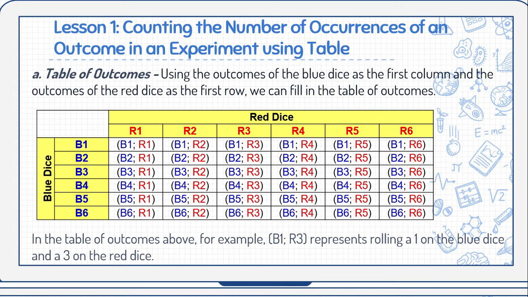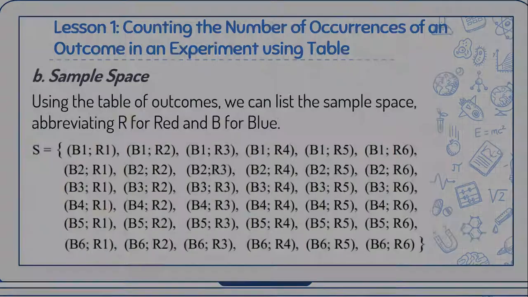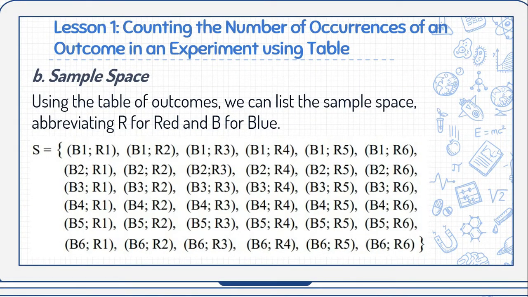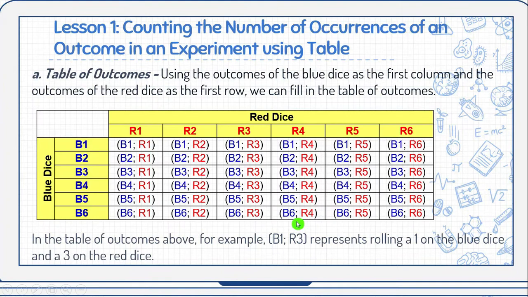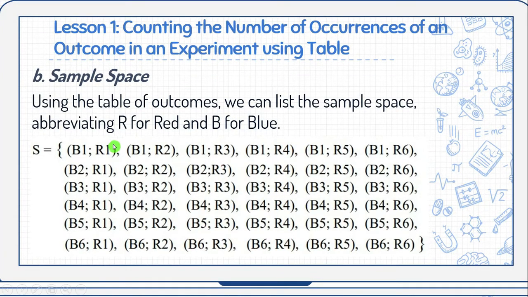Okay, so this is for our letter A. Gumawa po tayo ng table of outcomes. For our letter B, sample space. So using the table of outcomes, we can list the sample space abbreviating R for red and B for blue. Diba? Okay, balik tayo dito sa table. Yung B is blue, yung R is red. Okay, so sample space. So ang ating gagawin ay lahat ng mga possible outcomes, sila po yung ating sample space.